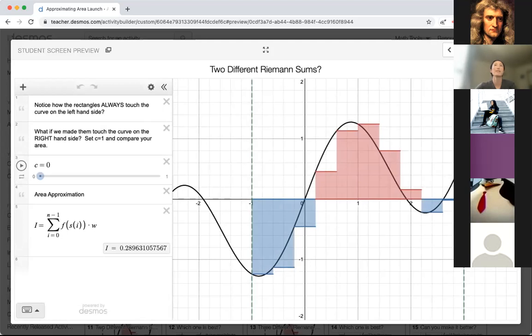All right, so let's take a look at this. This I will let you play around with on your own time, okay? But I just want to show you how it works. So when we look at the area approximation, see all this symbol stuff down here, okay?